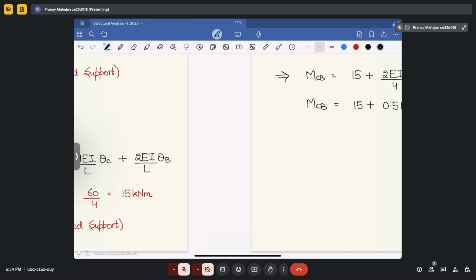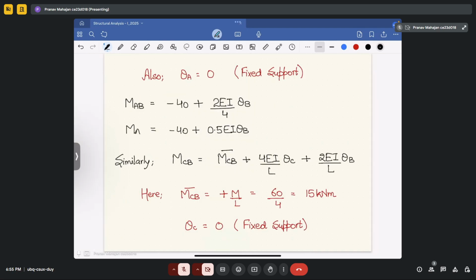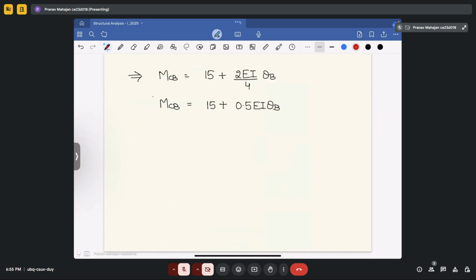So your two equations that you want from this solution will be, this is your MAB equation, and further this is your MCB equation.